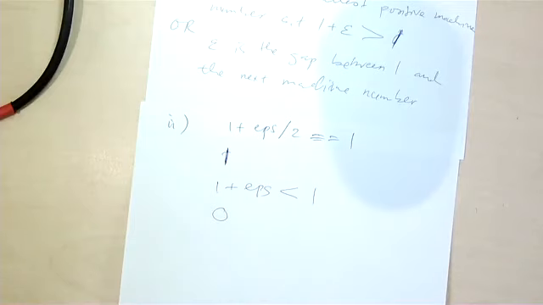Question? No, realmin is different. Realmin is the minimum normalized real number, and the value will be something like e to the minus 308.